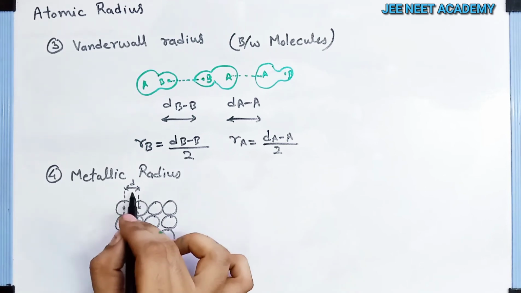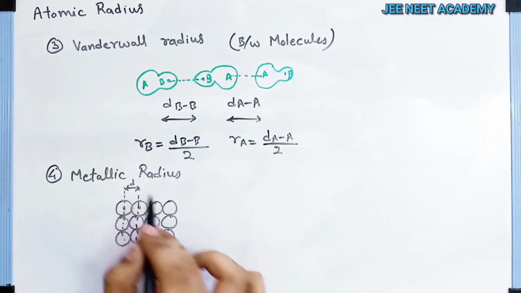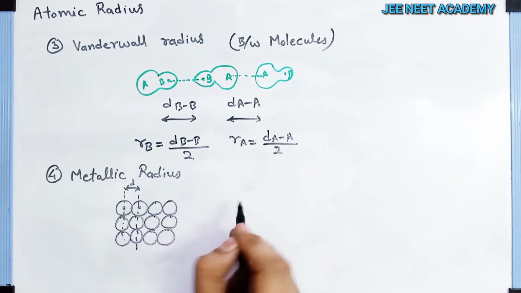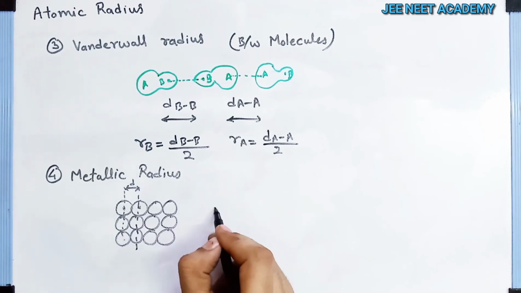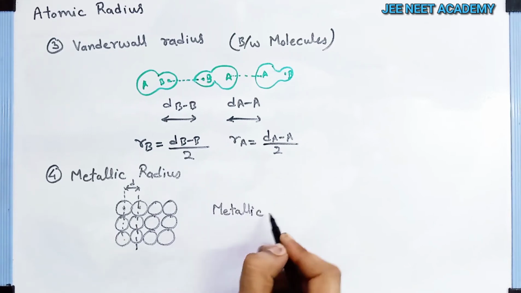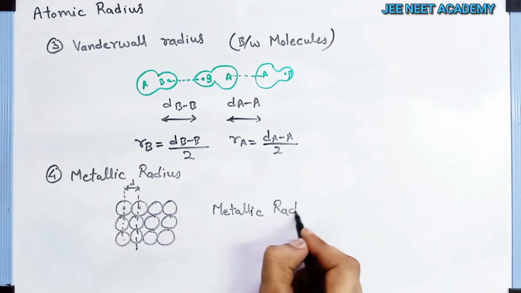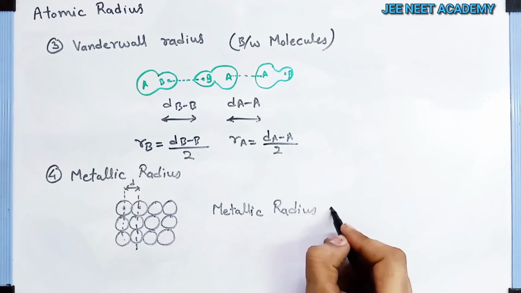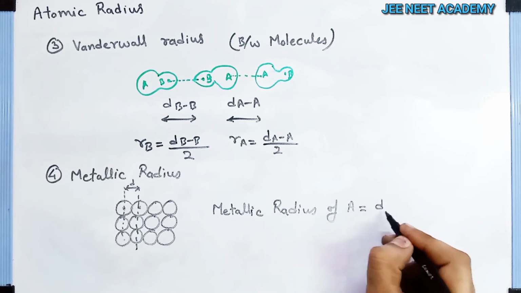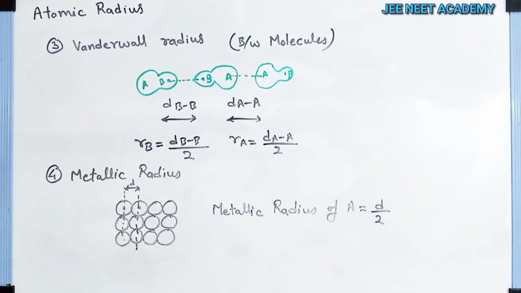If we divide this distance D by 2, that will be the metallic radius of that element. Metallic radius of A is equal to D by 2. This is all for the metallic radius.